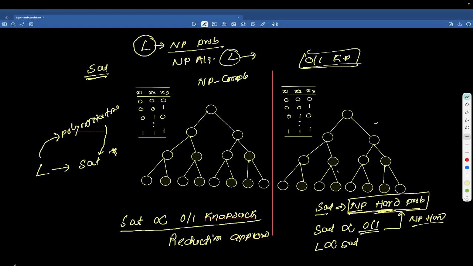So to summarize, for any new problem L, we try to transform it to a benchmark problem, satisfiability. If we can do that, then the new problem is considered an NP-hard problem. Once it is proved as an NP-hard problem, if we can write one non-deterministic polynomial algorithm, then problem L now becomes an NP-complete problem.